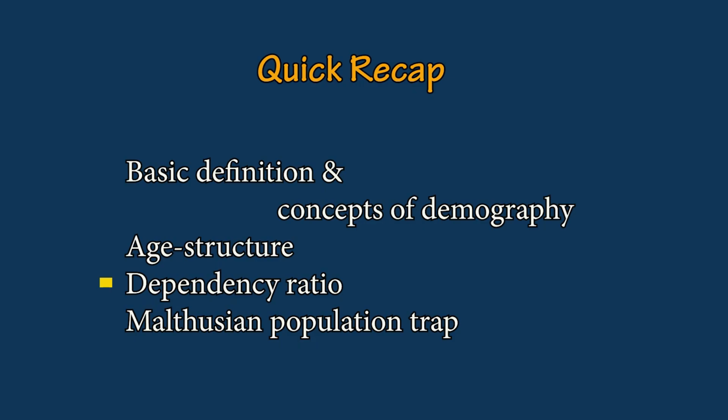After studying age structure in detail, we discussed the concept of dependency ratio. We started with basic ideas about dependency, and then moved towards more advanced ideas of measurement of the dependency ratio, and in this regard as well we talked about various country experiences.